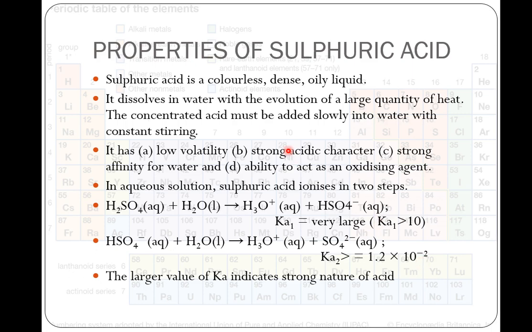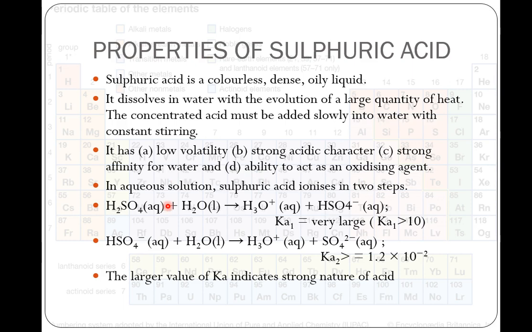Properties of sulfuric acid. It is colorless, dense, oily liquid, dissolves in water with evolution of large quantity of heat. So that's why whenever you are to form a dilute solution of sulfuric acid, the acid must be added very slowly into the water with constant stirring. It has low volatility, strong acidic character, strong affinity for water and ability to act as oxidizing agent.